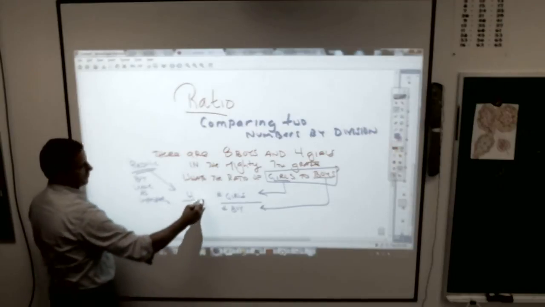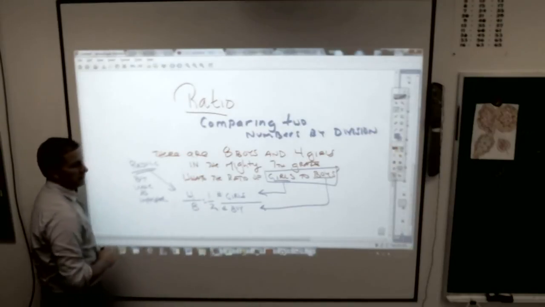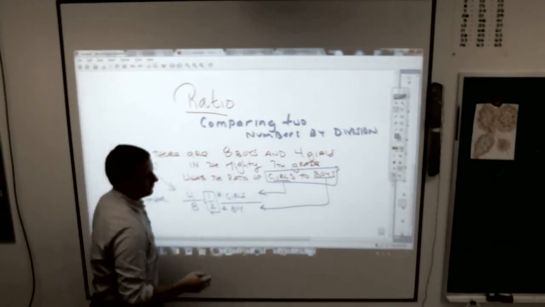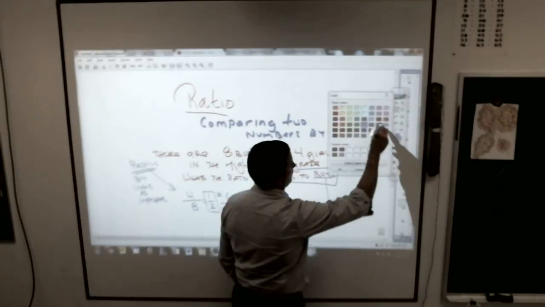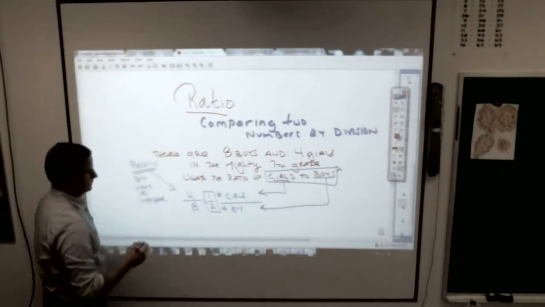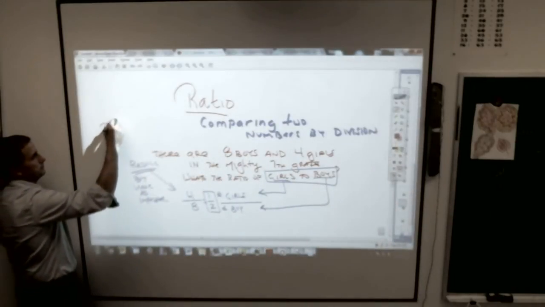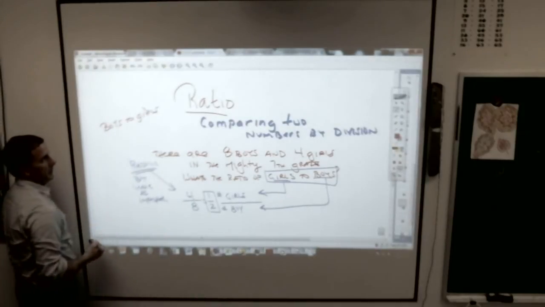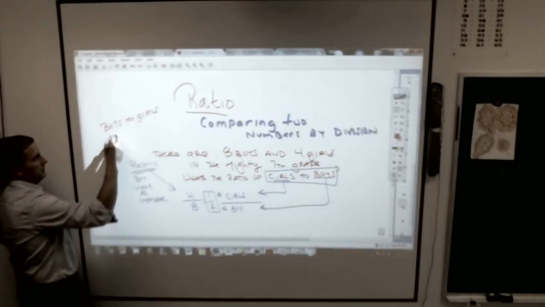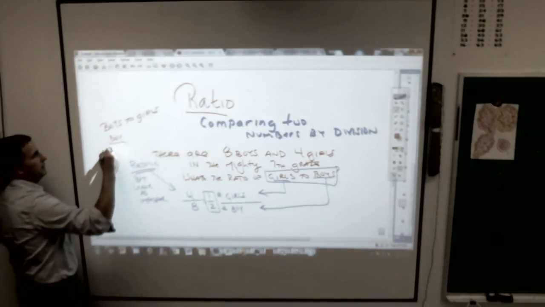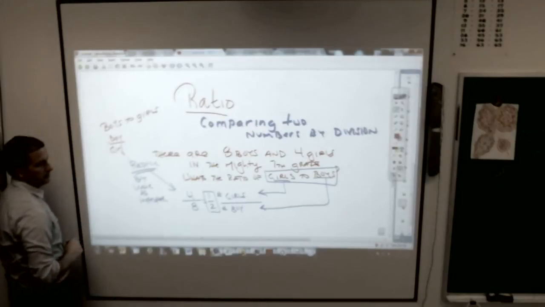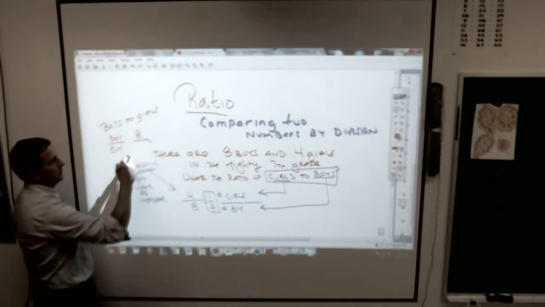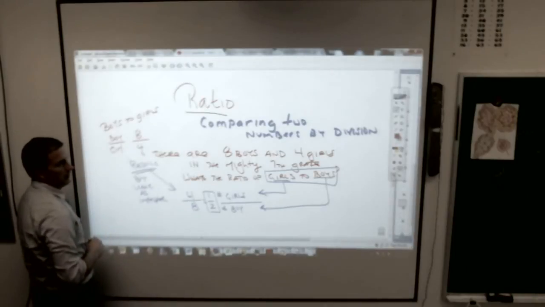So this ends up being 1/2, or as we say, 1 to 2. This is your ratio of girls to boys. If I flip that over and ask you the ratio of boys to girls, boys are the quantity on top and girls on the bottom, 8 boys over 4 girls.